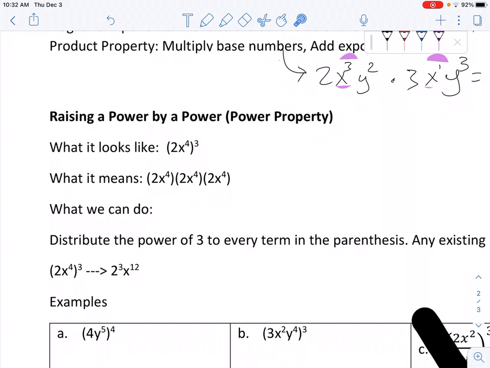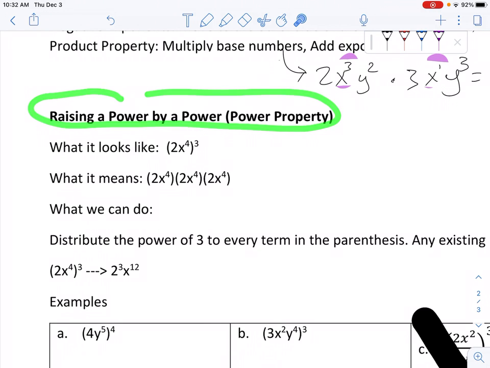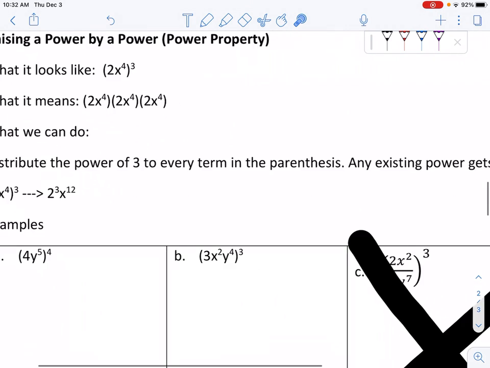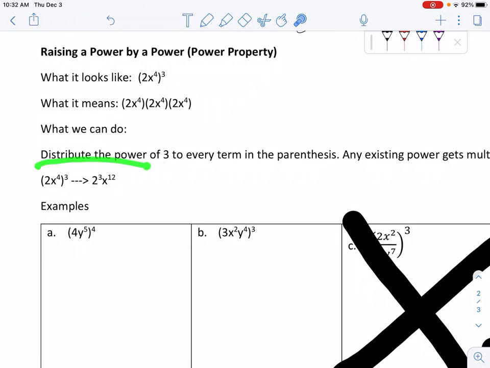We could then use our product property and multiply 2 times 2 times 2 and then add 4 plus 4 plus 4. But there's a shortcut. When we raise a power by a power, we're going to distribute the power of 3 to every term in the parentheses. So the 2 is going to get a third power, and the x to the fourth is going to get a third power.